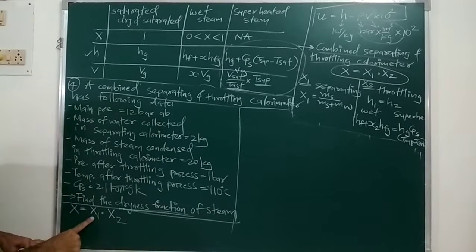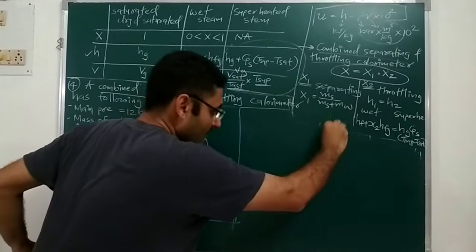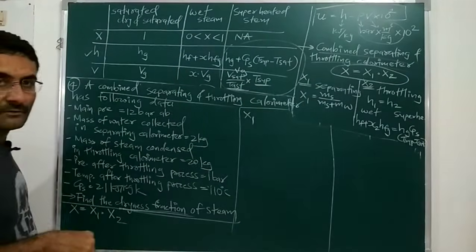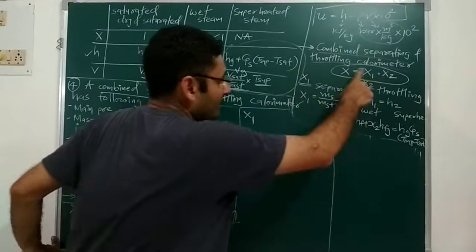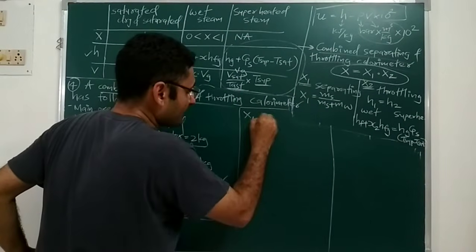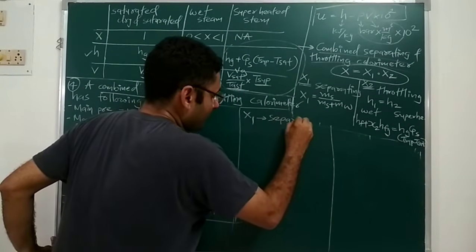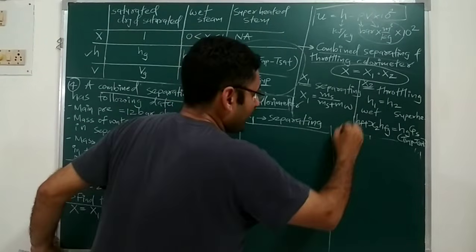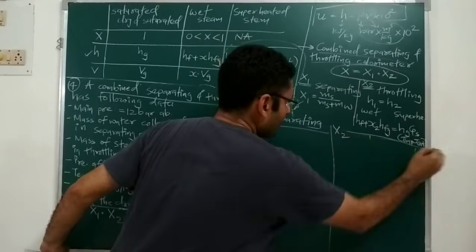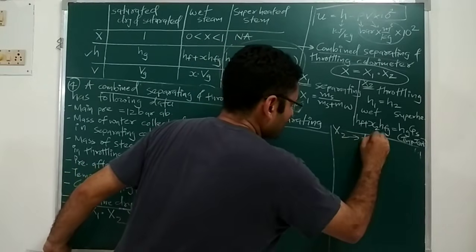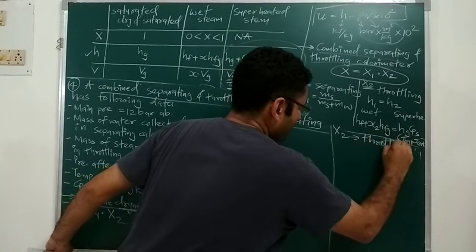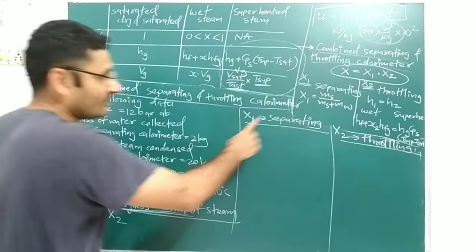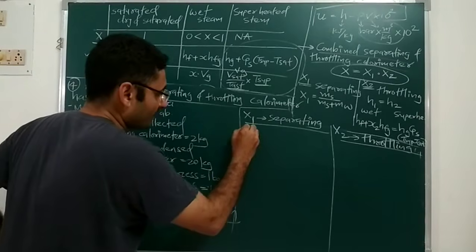First of all, you will find x1 with the help of the separating calorimeter. Then next I will find x2 with the help of the throttling calorimeter.